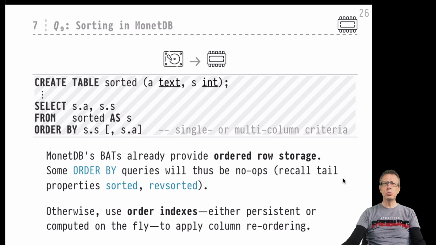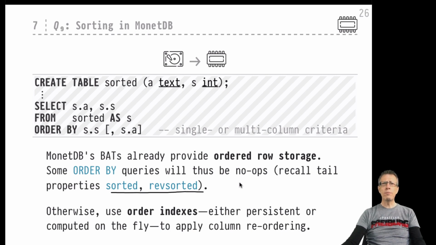MonetDB will be able to detect such situations because it maintains these tail properties, sorted and reverse sorted, for example, that tell the system that the tail column of a particular BAT is already sorted, or maybe sorted in descending fashion, as is indicated by revsorted. So yes, we may be in luck, and sometimes ordering is indeed a no-op inside MonetDB's BATs.